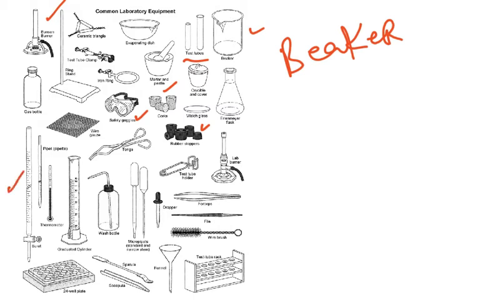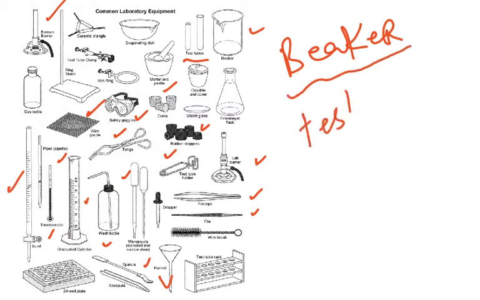Then we have the burette, the pipette, thermometer, the graduated cylinder, the water bottle, spatula, funnel, file, forceps, lab burner, test tube holder, micropipette, tongs, wire gauze. So basically, the main ones which we use are the beaker and the test tubes.